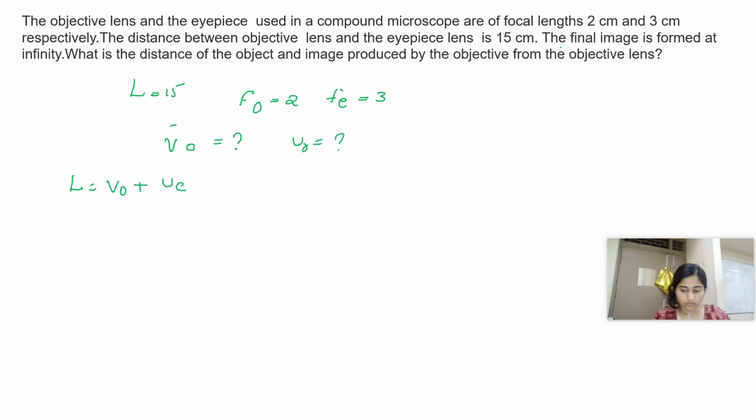But here the final image is formed at infinity. I told you earlier, one criterion: if the final image is formed at infinity, then we can see it with the least strain. So then your UE will be FE, and you can write it as VO plus FE.